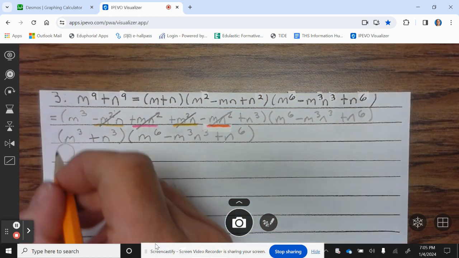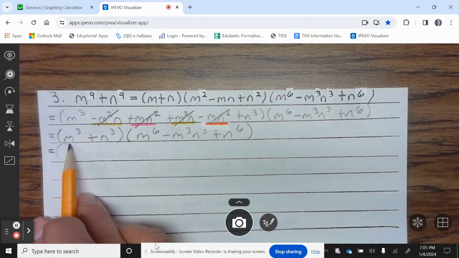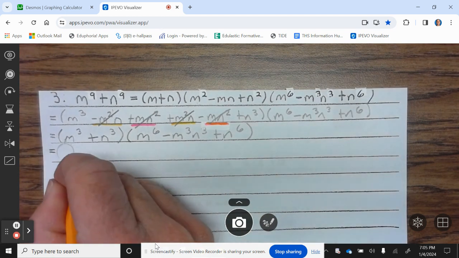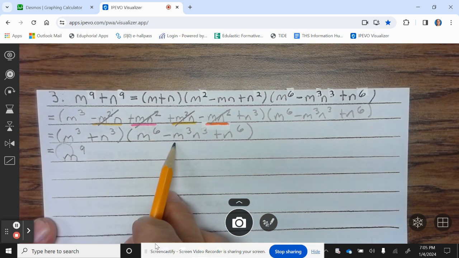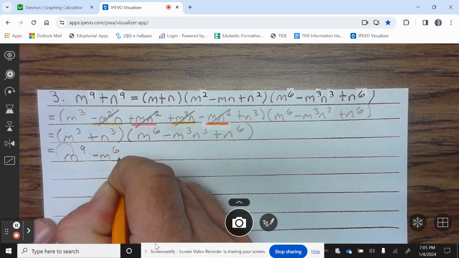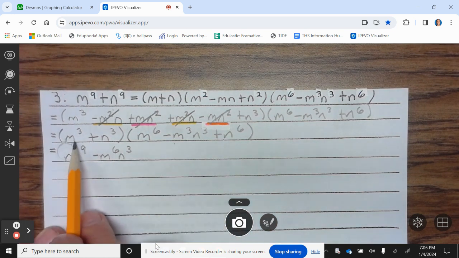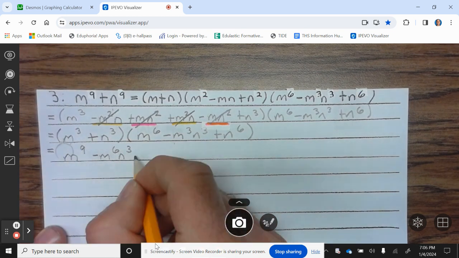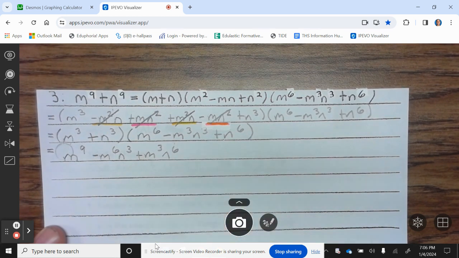Okay, so let's continue to FOIL. So m cubed times m to the 6th is m to the 9th. M cubed times negative m cubed n cubed is minus m to the 6th n cubed. M cubed times n to the 6th is plus m cubed n to the 6th.